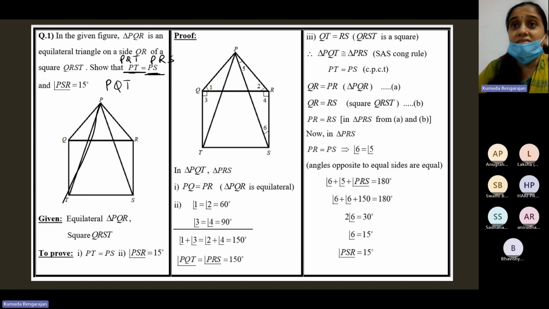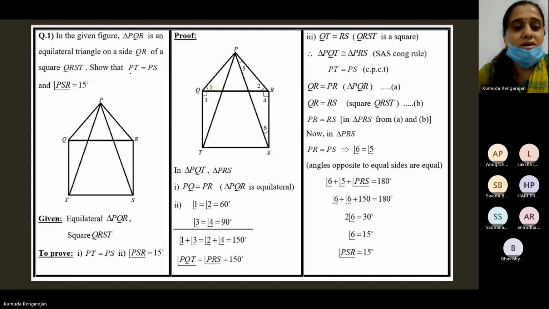We can't just write this like this. You have to prove all this. I repeat, we need to show that PT is equal to PS. PT is a side of the triangle PQT, and PS is the side of the triangle PRS.